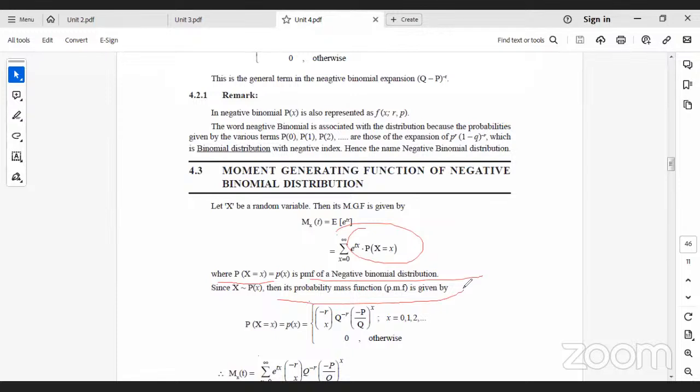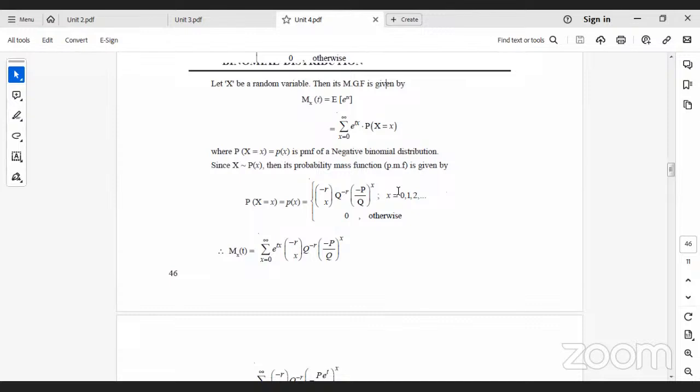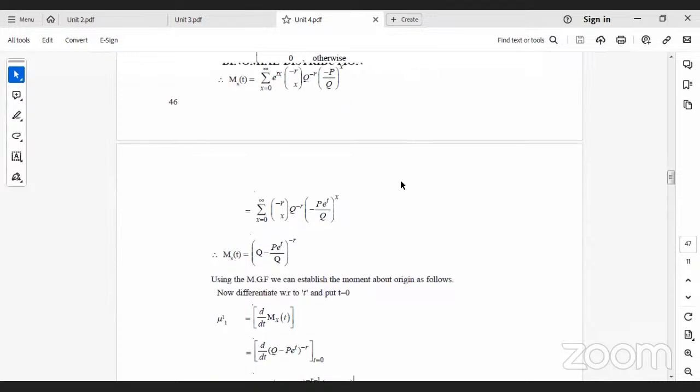The PMF is given by minus r choose x, Q power minus r, minus P by Q power x, for x equal to 0, 1, 2, otherwise zero. So M of x of t is the summation of x equal to 0 to infinity of e power tx, minus r choose x, Q power minus r, minus P by Q whole power x.